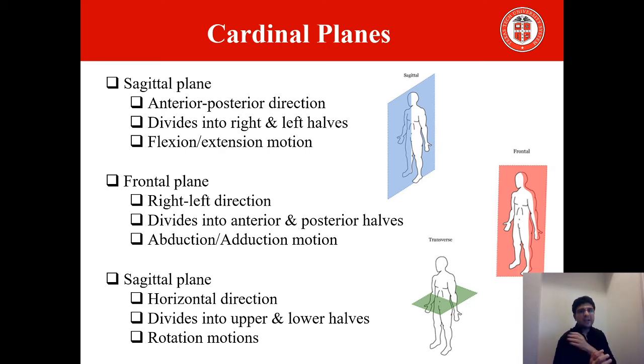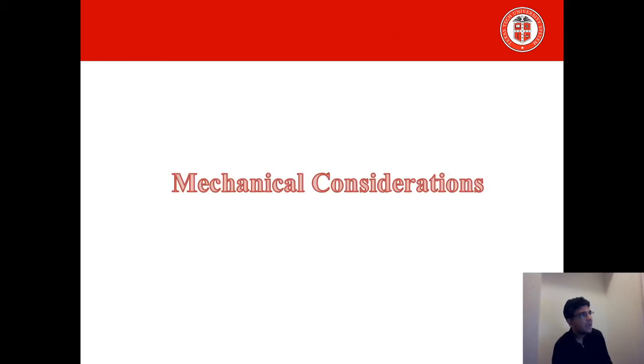For example, if I'm trying to rotate my shoulder like this, then the movement at the shoulder joint is in the transverse plane. So we have the flexion and extension movement at the sagittal plane, we have the abduction and the adduction movement at the frontal plane, and we have the rotation movement in the shoulder joint and also in the hip joint in the transverse plane.